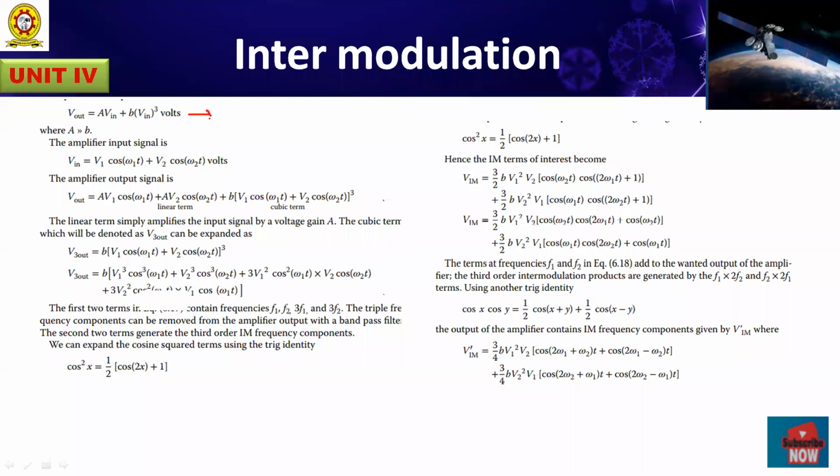Yes, equation number 1 shows the output equation after amplification: V out equals A V in plus B V in cubed. Generally, in the analytical manner, A is always greater than B. For the input signal, V in equals V1 cos omega 1t plus V2 cos omega 2t, with the values in volts.